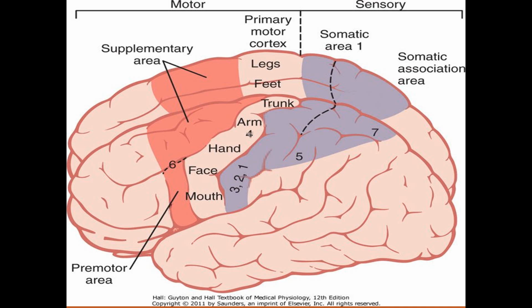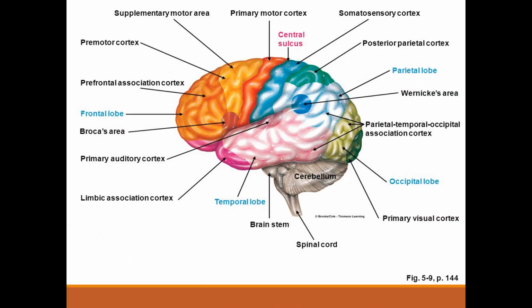Whatever information is coming from the somatic area 1, the sensory areas, is going to be given to the motor areas, and then the execution of activity occurs. So this diagram is a must for all of you to draw in your logbook, which makes us clear about the location of different areas in the cortex.